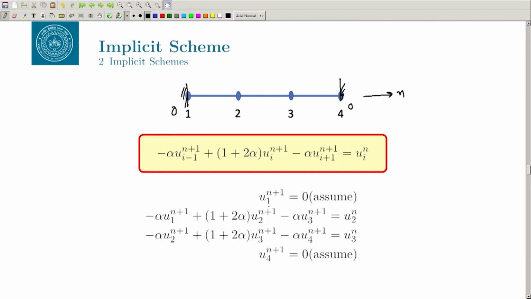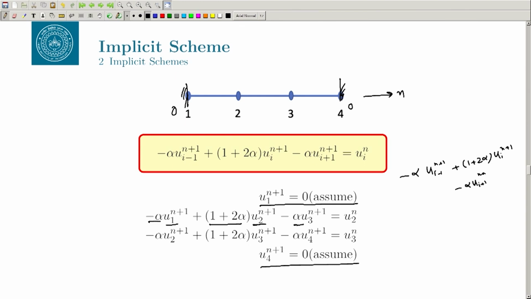Okay. So, my first one is 0 and last one is 0, and for 2 you want to write your implicit formulation. So, this is minus alpha u 1 n plus 1, plus 1 plus 2 alpha, with I equal to 2, u 2 n plus 1. So, remember this is minus alpha u I minus 1 n plus 1, plus 1 plus 2 alpha u I n plus 1, minus alpha u I plus 1 n plus 1, is equal to u I n, right.